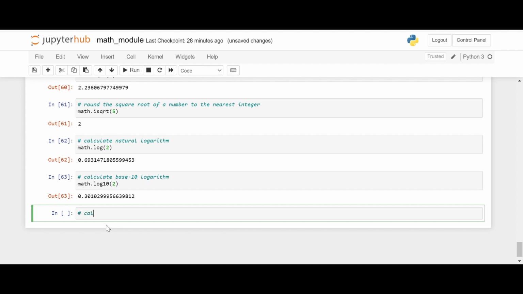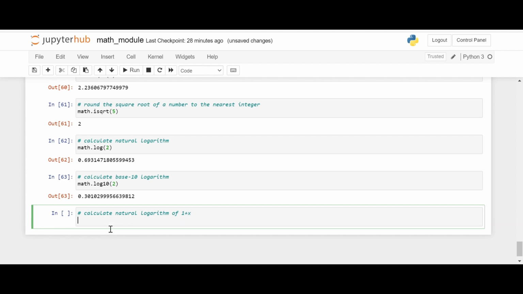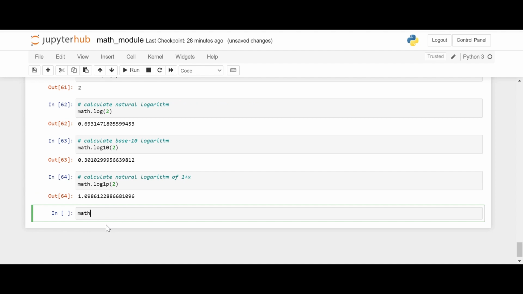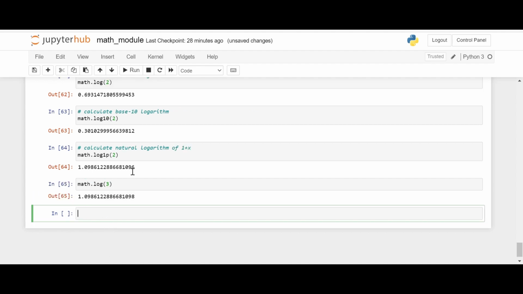So calculate natural logarithm of 1 plus x. Math.log1p of 2. So basically this is doing this operation. Math.log of 3. You get the same value. This doesn't matter.